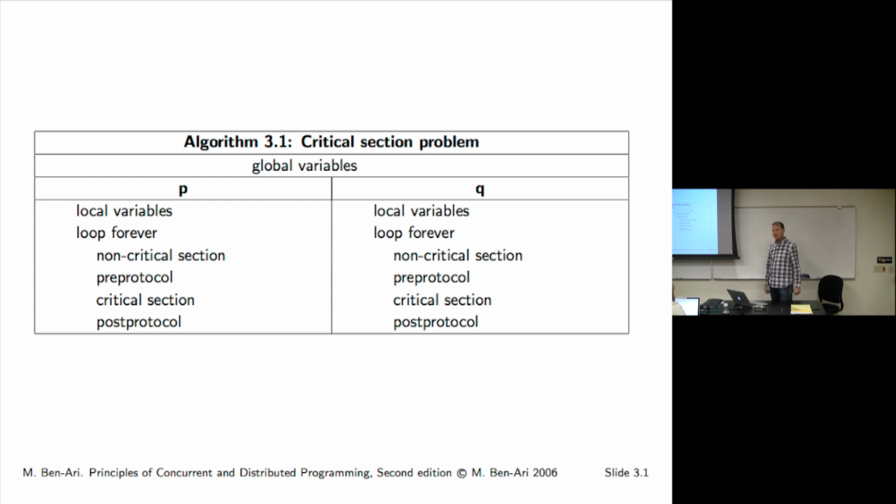That's the general idea. Does everybody see how that works? It turns out that it's kind of tricky, but it can actually be done in software. There are several different solutions. It's possible to come up with some code for the pre-protocol and some code for the post-protocol that will solve the mutual exclusion problem, the critical section problem.